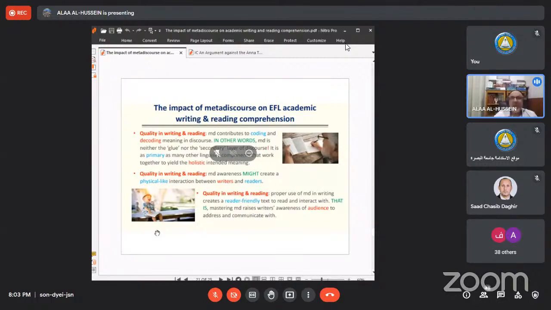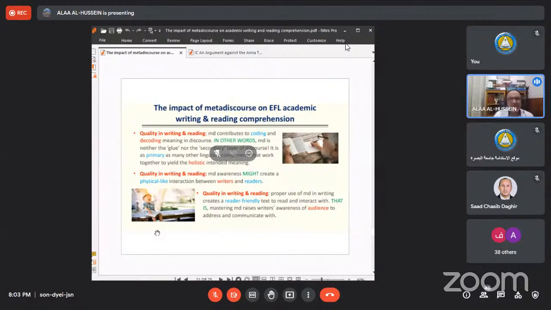They use meta-discourse properly to interact with the readers or listeners. Quality in writing and reading: proper use of meta-discourse in writing creates a reader-friendly text.